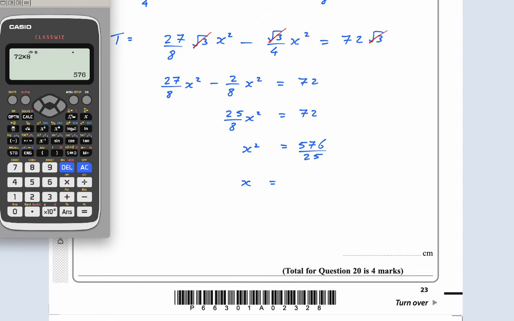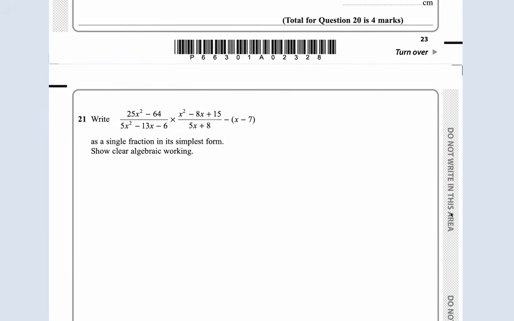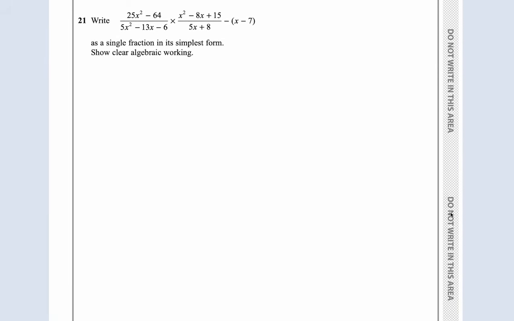Let's do that. The square root of 576 over 25 is exactly nicely 4.8, which is correct. Okay, obviously guys, that was a difficult question. 4.8. Okay, 21. Also hard, no doubt. So this times this minus this. Okay, this looks really awful.